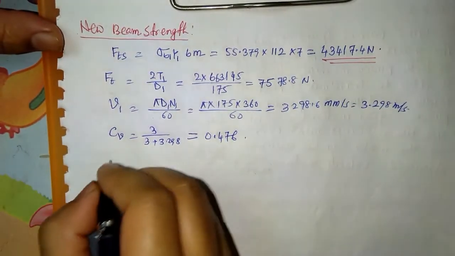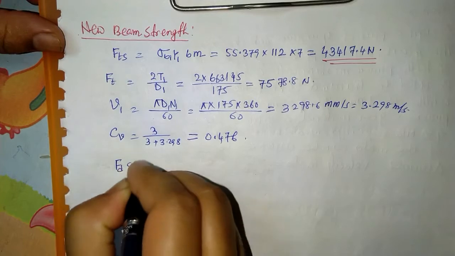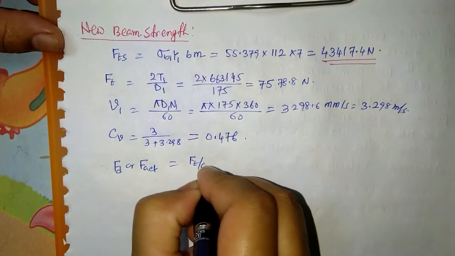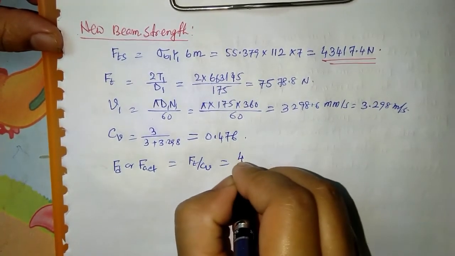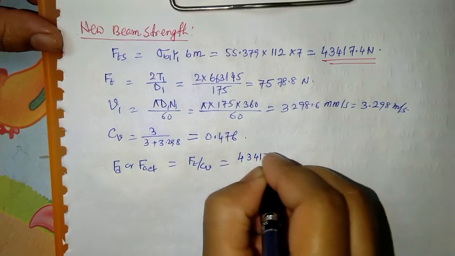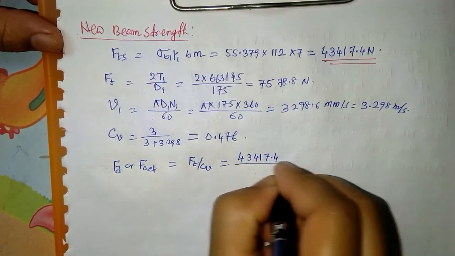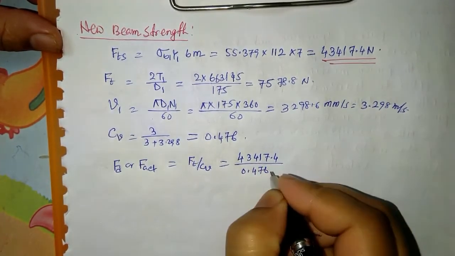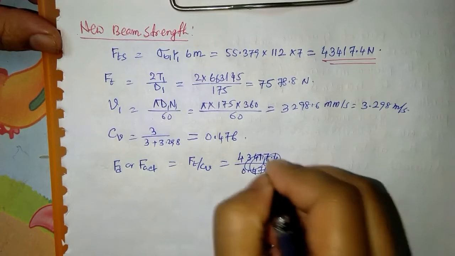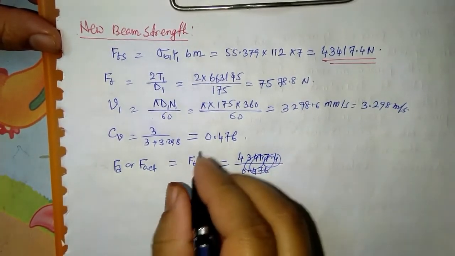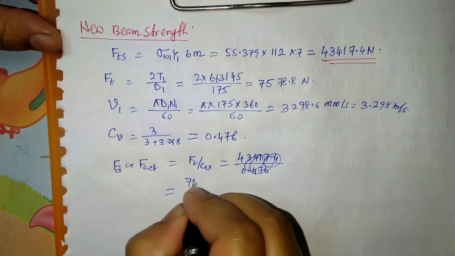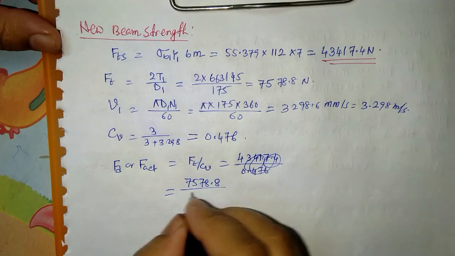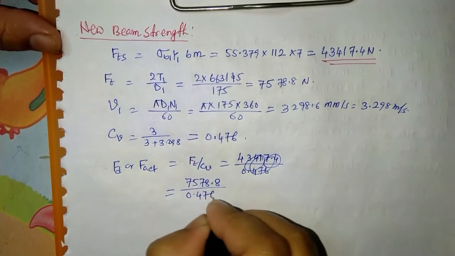And this value of the CV is 0.476. Okay, so now our FD or F actual is equal to F of T by CV, and this is 7578.8 by the value of CV, which is 0.476.